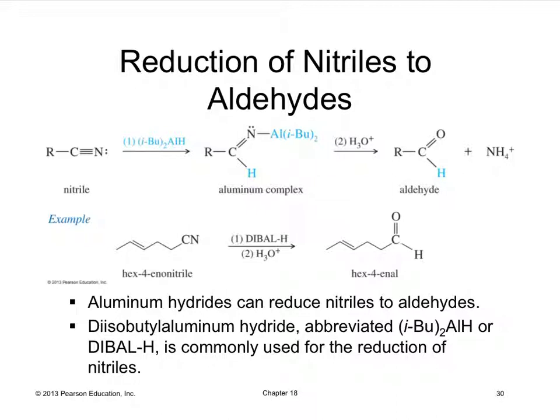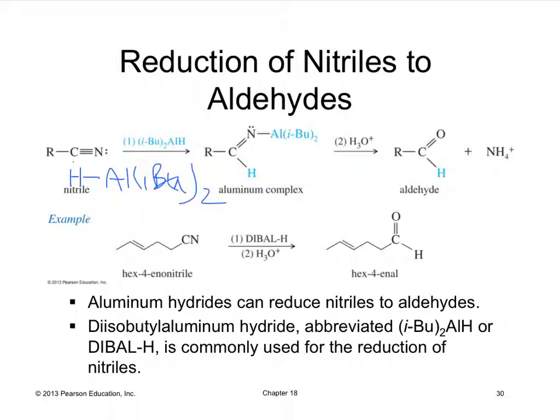So you can take nitriles and reduce them into aldehydes using a reducing agent like diisobutylaluminum hydride, shown here. And the first thing that happens here, I'm going to draw it as best as I can, is Al(iBu)2.